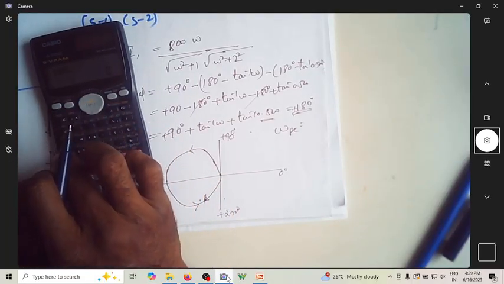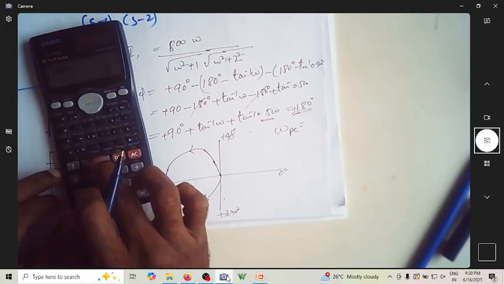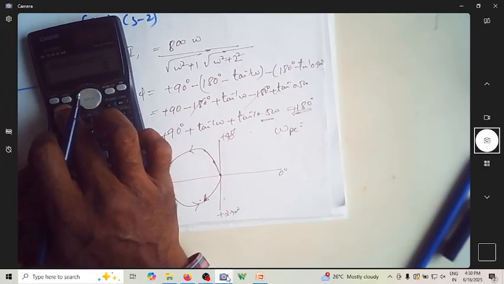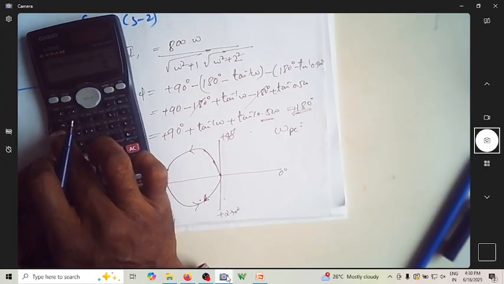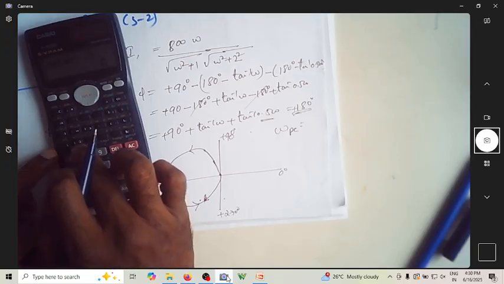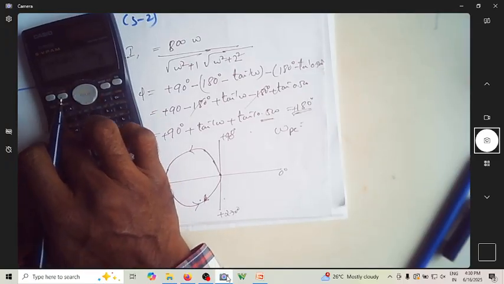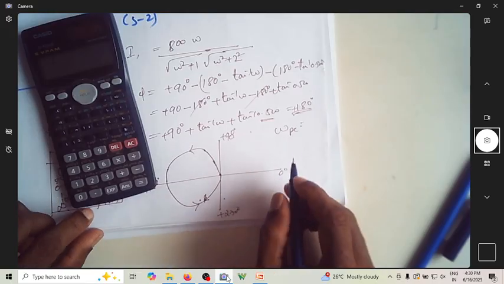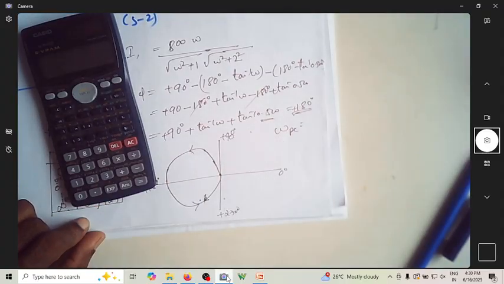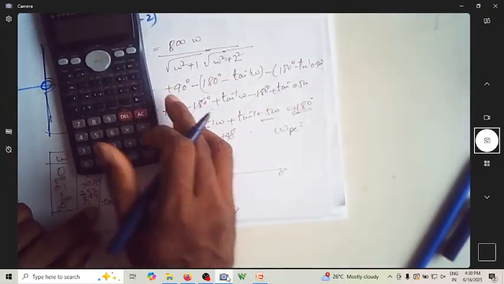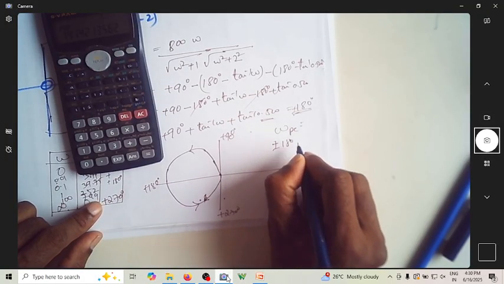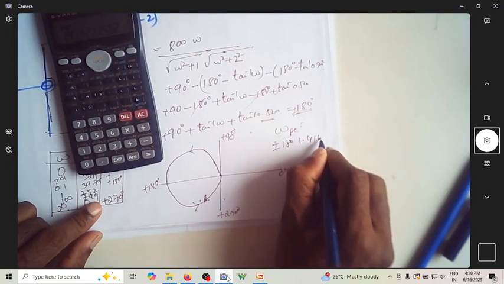180 degrees equals 90 plus tan inverse of alpha A plus tan inverse of 0.5 alpha A. So that happens at omega PC, which is 1.414.